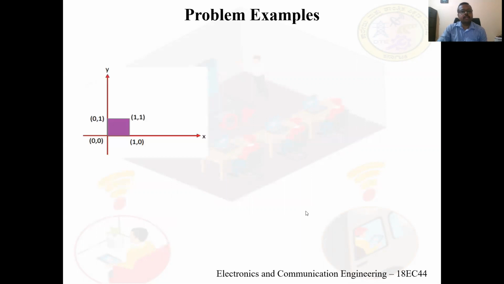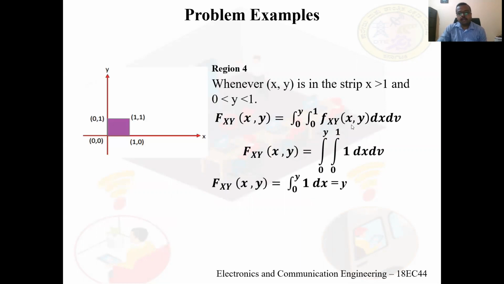Next region we'll consider. Here I'm considering the value of x greater than 1 and the value of y lying between 0 to 1. Since the y value is lying between 0 to 1, the integration is what now? 0 to y here. And the x value is greater than 1, so it is 0 to 1 here. F_XY(x, y) is equal to the integration 0 to y, 0 to 1.